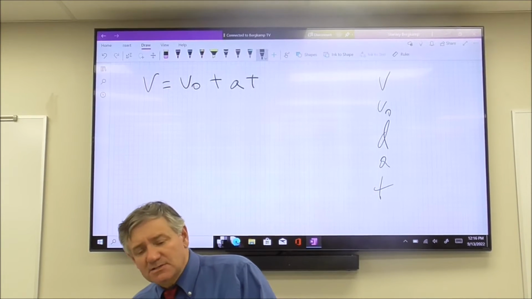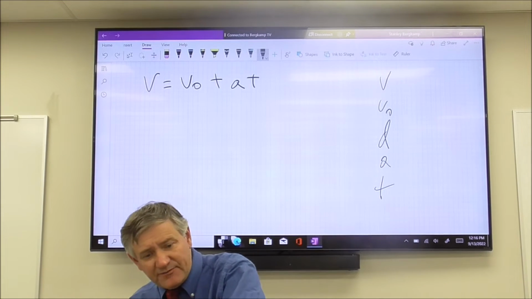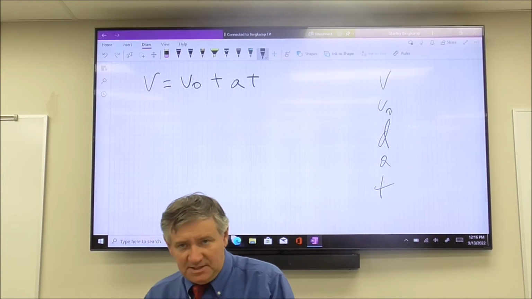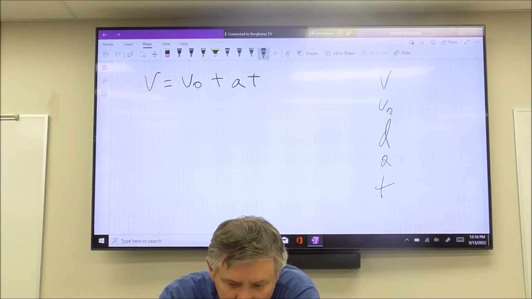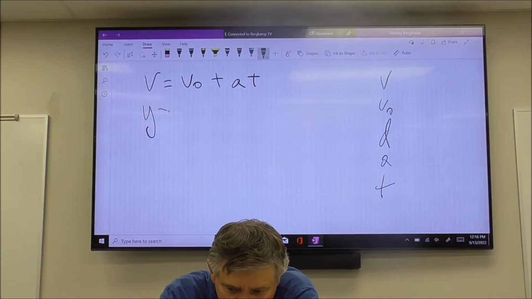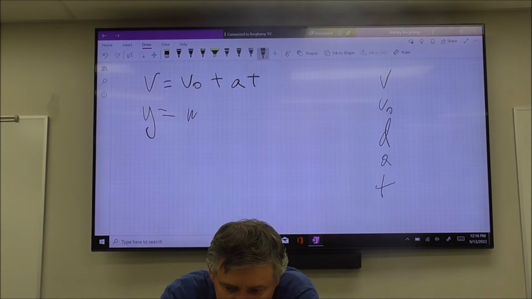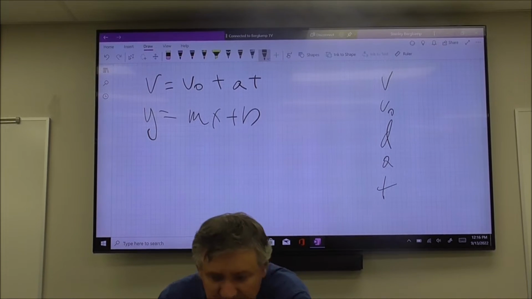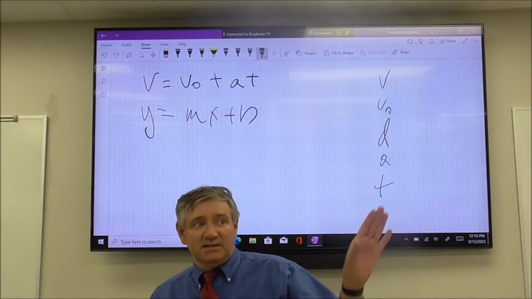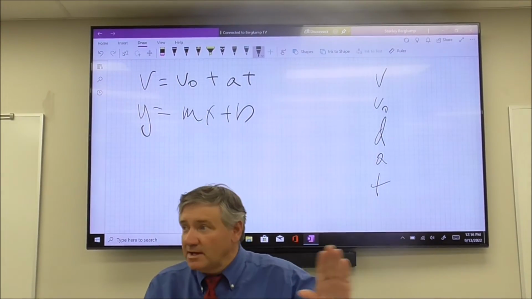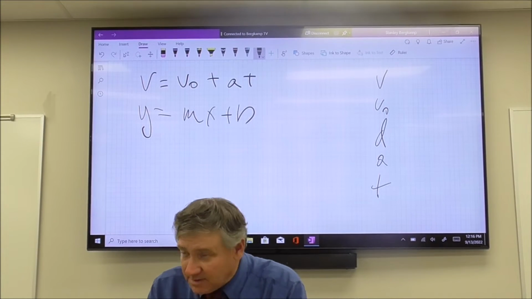If you look at this very first equation, v equals v naught plus at, all this is, in a weird way, the slope-intercept form of y equals mx plus b. It doesn't necessarily look like it, but it is.